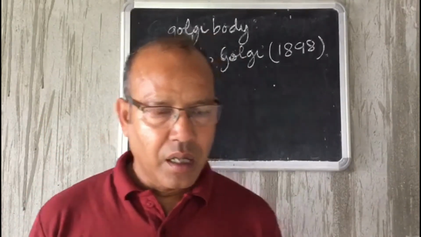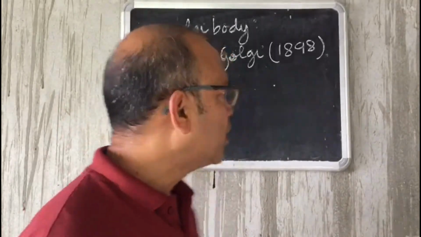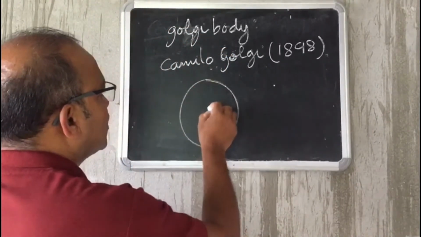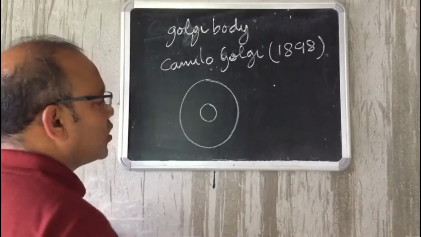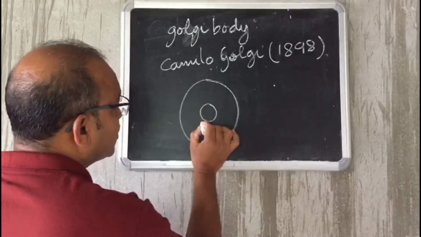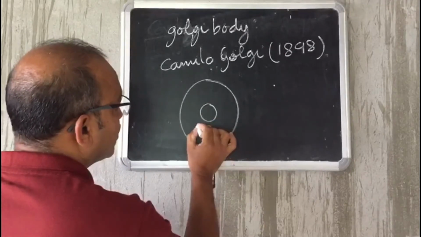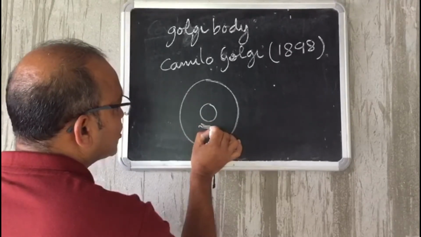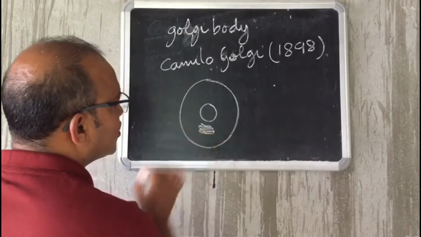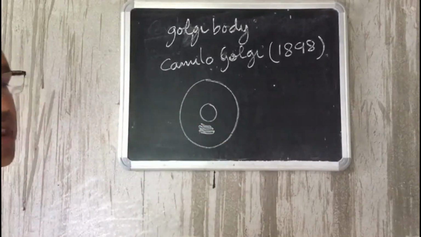This Golgi body is placed in a eukaryotic cell, this is the nucleus. In a eukaryotic cell, the Golgi body is placed near the nucleus, and it is made up of stacks of sac-like structures, which are called the cisternae.